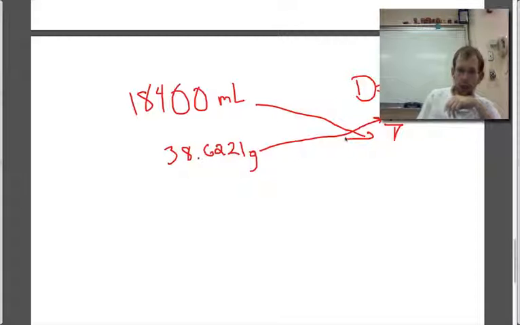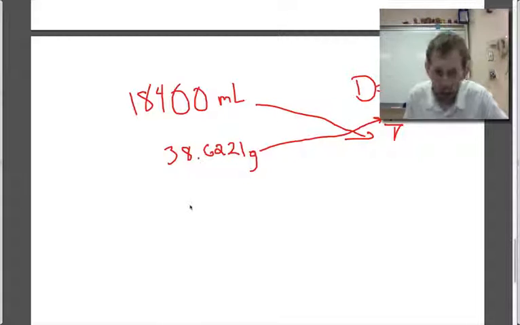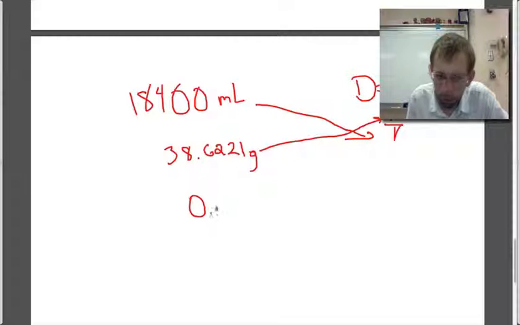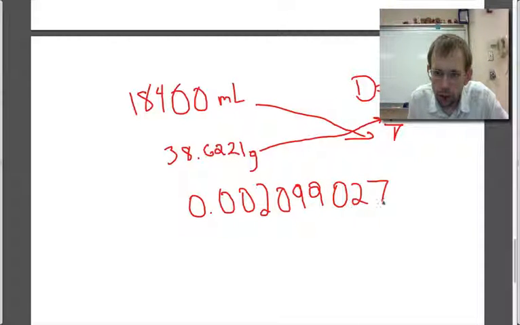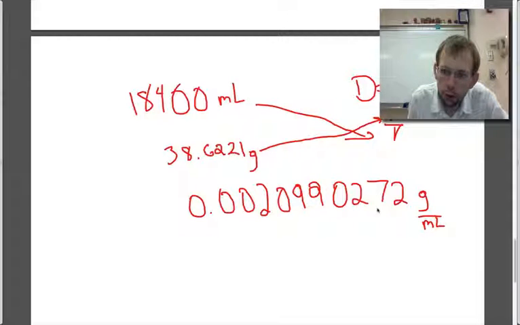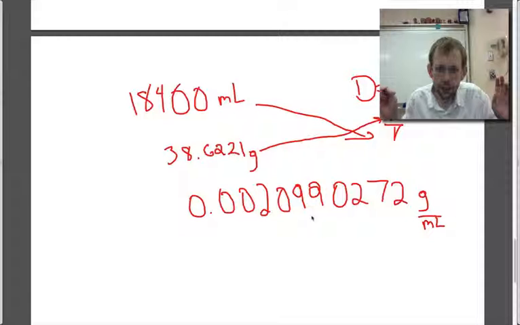We come up with a nice large number of 0.00972, and again, this is a measurement. We took grams and divided it by milliliters, and they don't cancel each other out, so it's just g over mL. That's great, I'm done, yay!